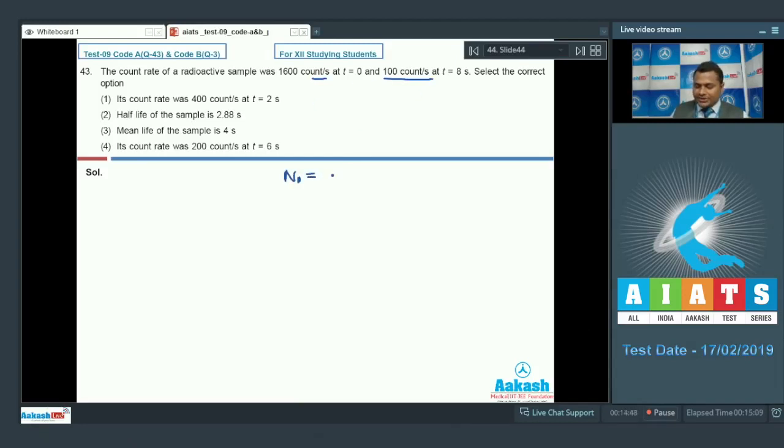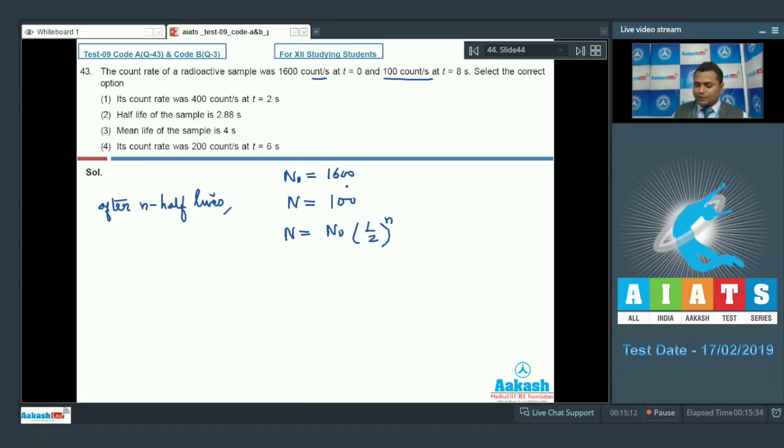N0 is 1600 initially. After n half lives, the quantity remaining is 100 counts. Now we know the very famous relation. The remaining quantity after n half lives will be N0 times 1 by 2 to the power n.